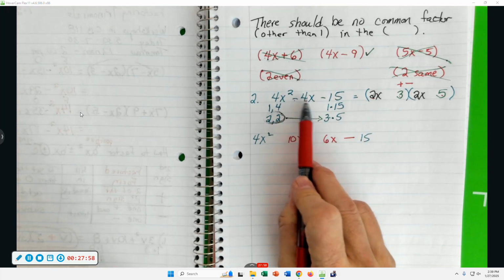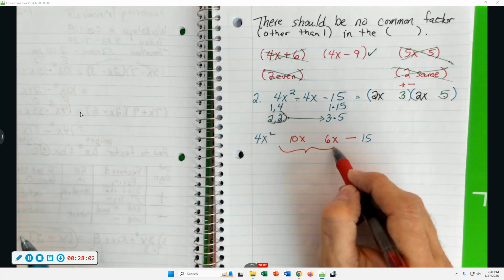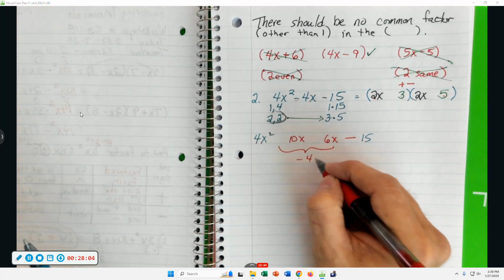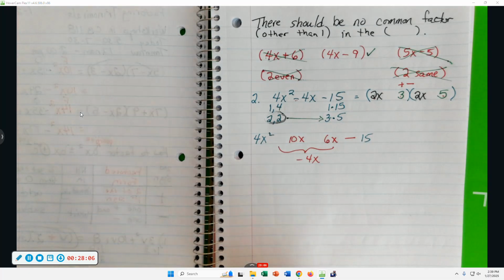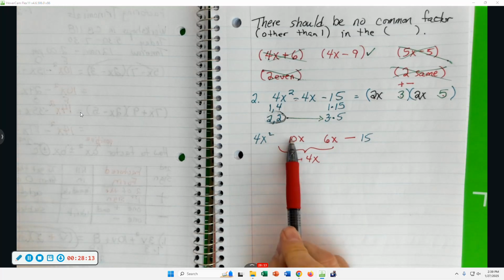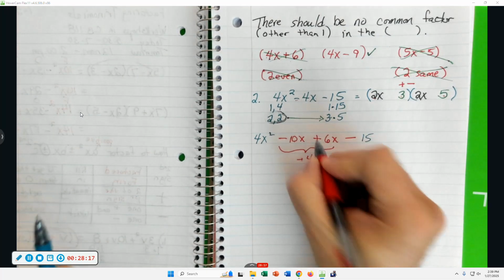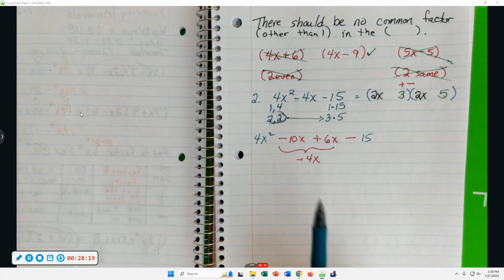If I have a negative 4x, I want these to combine together to give me a negative 4x. So which one of these numbers should be negative if the sum is negative? 10. Okay, make the 10 negative and the 6 positive. Would that do it?